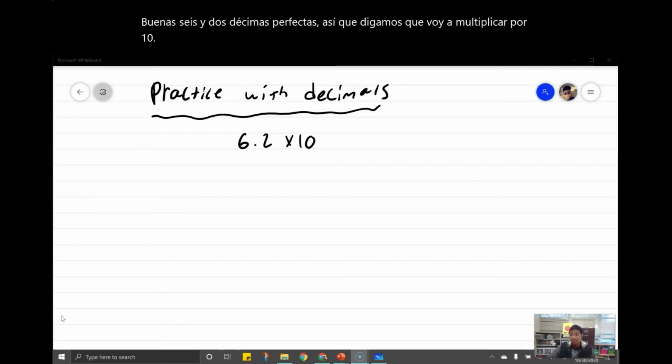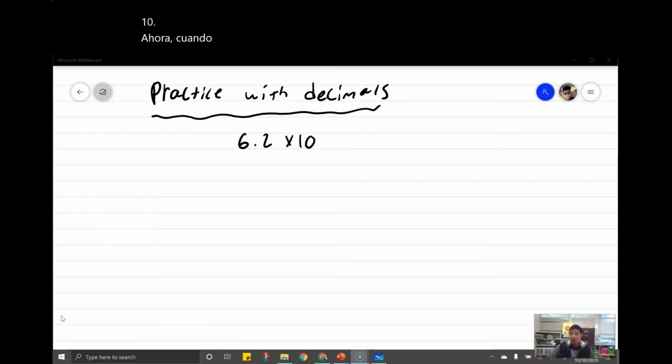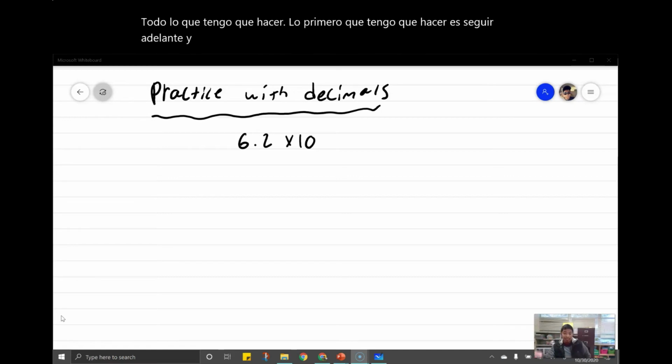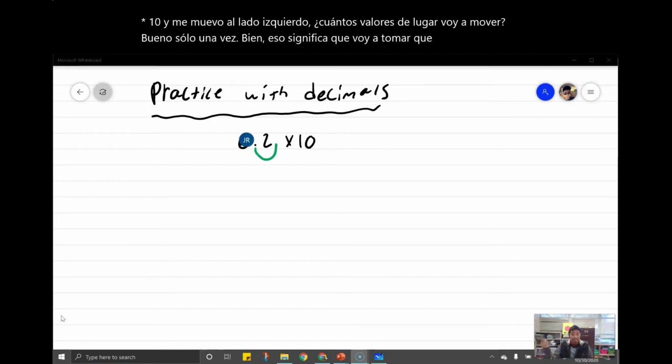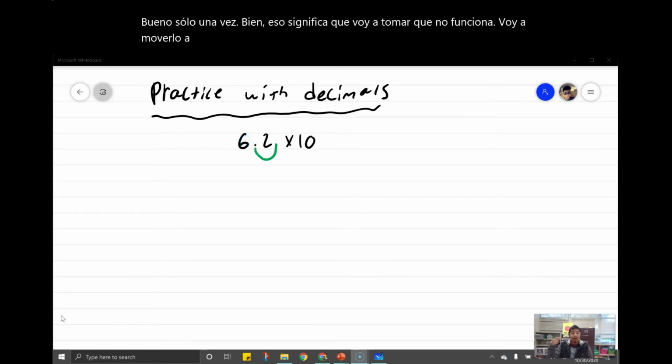Now, when I multiply by 10, the first thing I need to do is go ahead and move that decimal by how many times I move the place value. If I multiply by 10 and I'm moving to the left side, how many place values am I going to move? Good, just 1 time, okay? So that means I'm going to take that decimal and I'm going to move it to the right side, by 1 time.